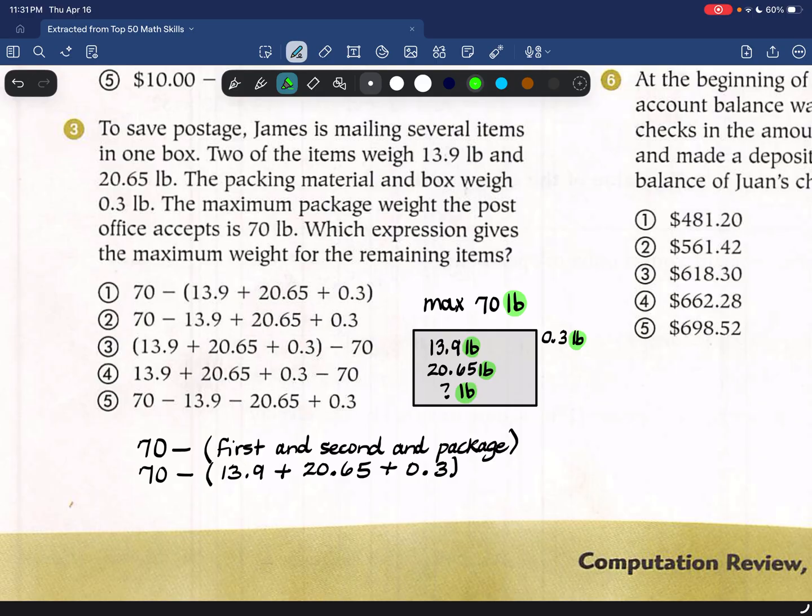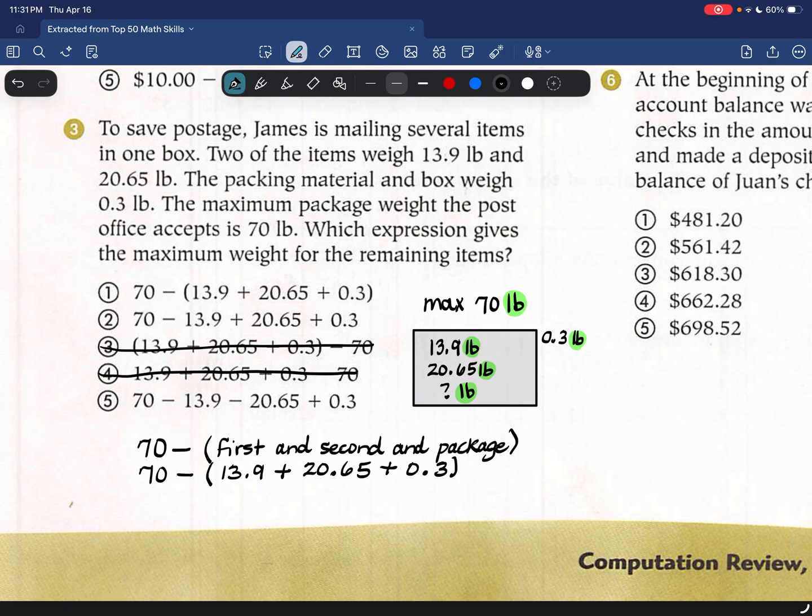So I can eliminate options 3 and 4 because they don't start with 70. 70 is the max we could have. So that's the starting point. I could eliminate number 2 because it does not subtract the 20.65 and the 0.3.